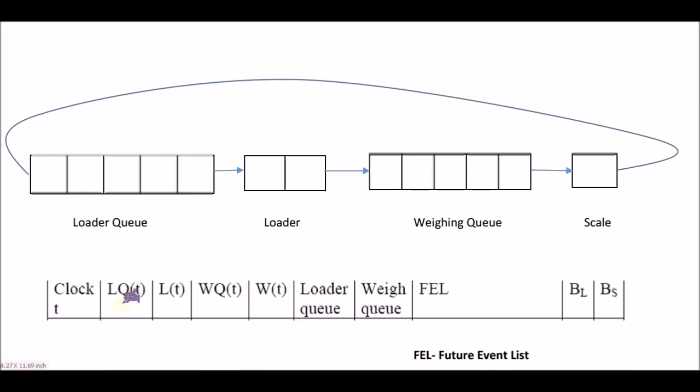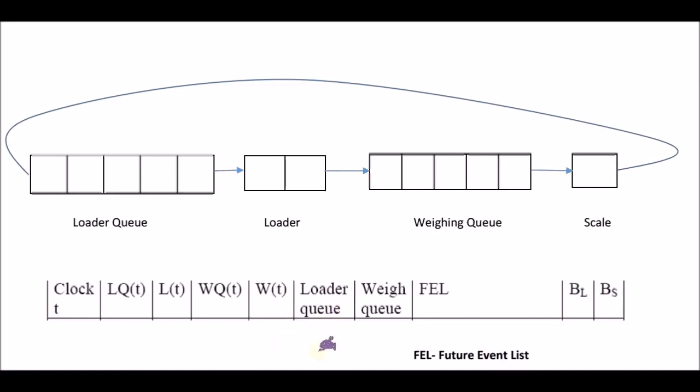Now let's look at all the terms that we have to evaluate, calculate at each step. One is the clock instance t, that means at 0 to whatever time it takes, at that time instance. LQ of t, so this is nothing but what we saw, the state. How many trucks are there in the loader queue? How many trucks are there in the loader? How many trucks are there in the weighing queue? How many trucks are being weighed?